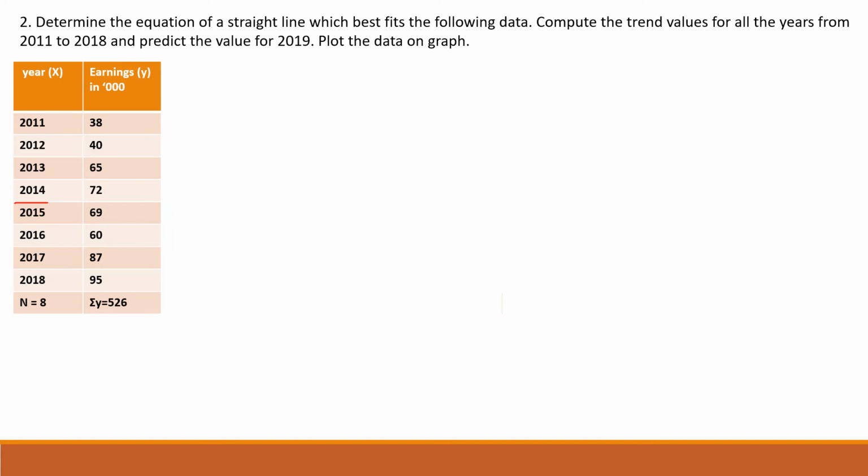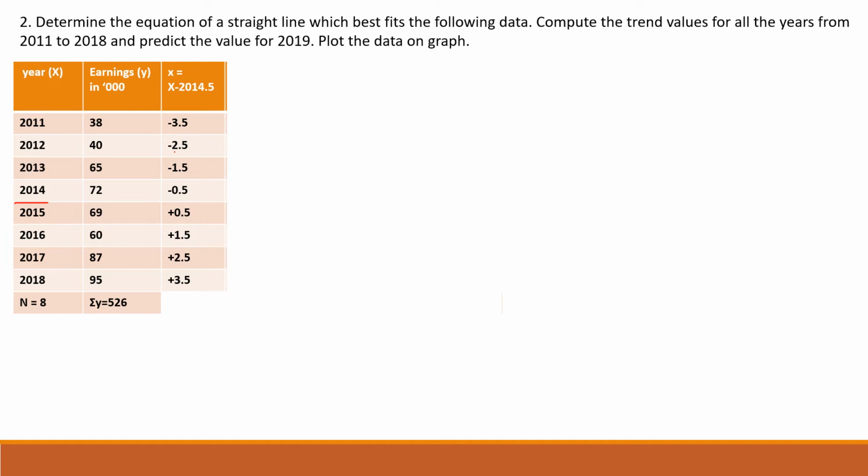Solution. For making the summation x equal to 0, we are taking the year of origin as 2014.5. Then we have to calculate the x values. That is, for 2011, 2011 minus 2014.5 is minus 3.5. So 2012 minus 2014.5 is minus 2.5.